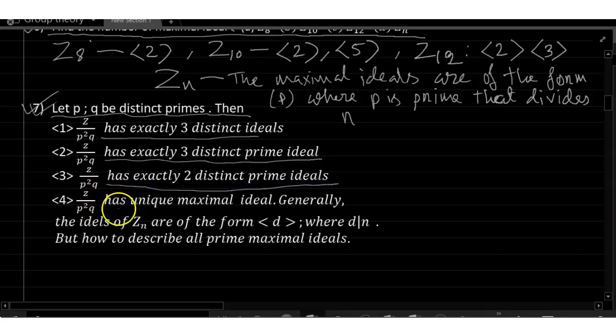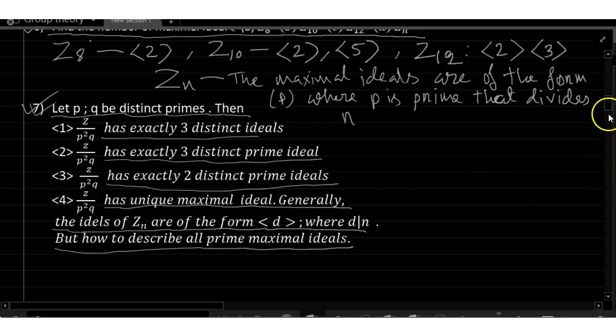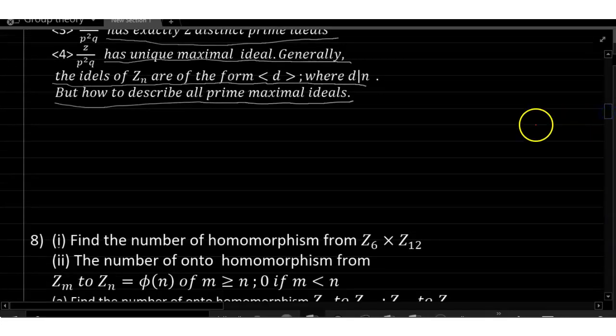Z divided by q has a unique maximal ideal. Generally, the ideals of Zn are of the form generated by d, where d divides n. But how do we describe all prime and maximal ideals? Very conceptual.